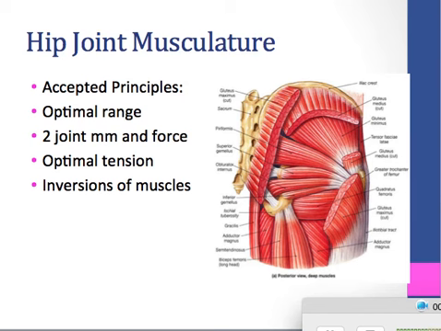Start to go through each range of motion, so flexion, extension, abduction, adduction, and understand that those two joint muscles generate the most force when they don't have to shorten over two joints. If they're having to do both of their roles at the same time, we're going to lose some force generation from those.